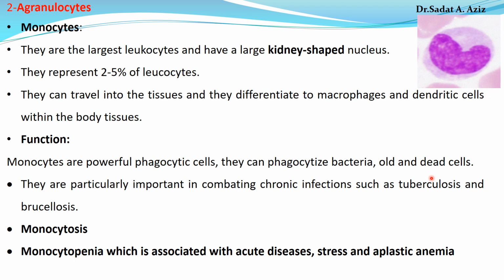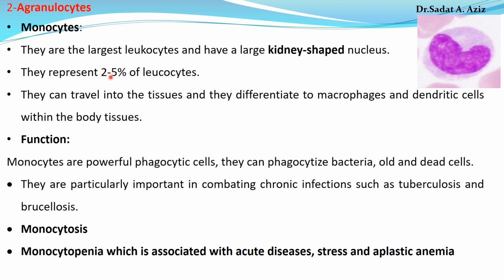Okay, so in the case of chronic infections such as tuberculosis and brucellosis, the number of monocytes might increase. So monocytosis is just like leukocytosis. Cytosis means an increase in the number of monocytes above the normal range. Monocytopenia, penia, as you remember, is a reduction in the number of monocytes below the normal range.